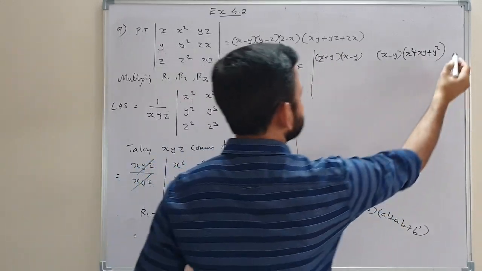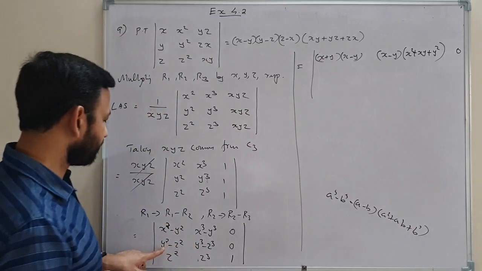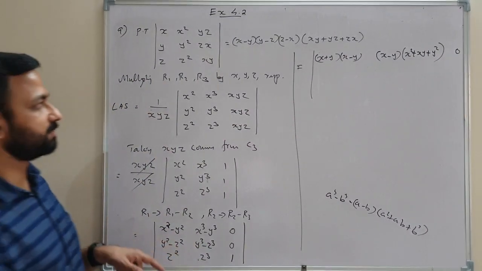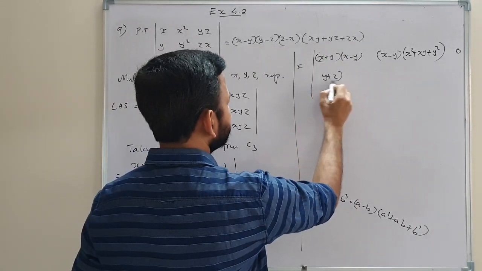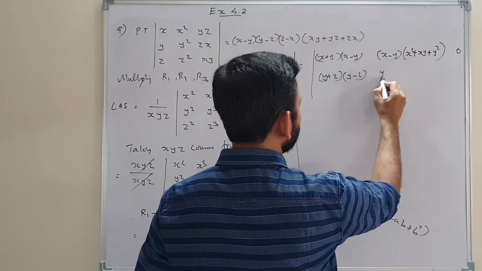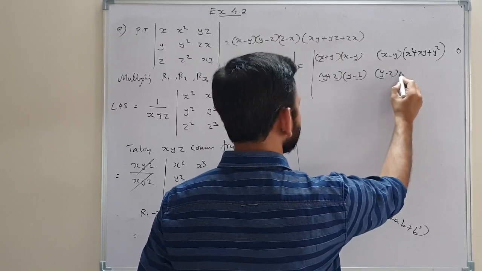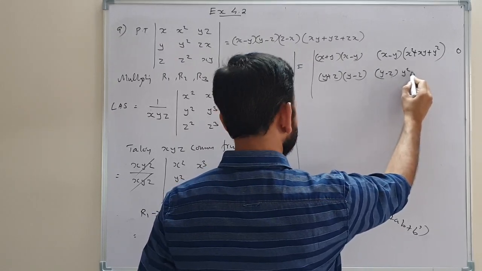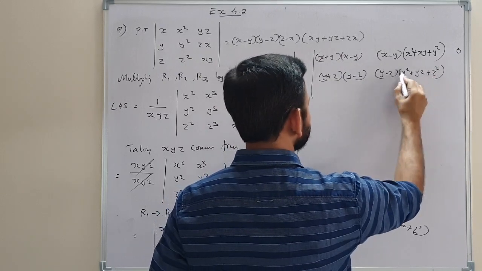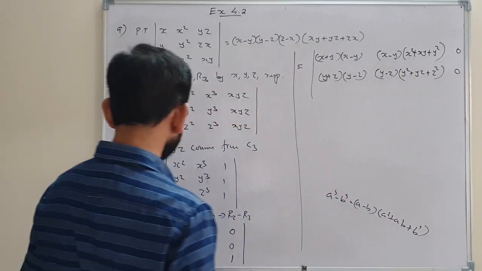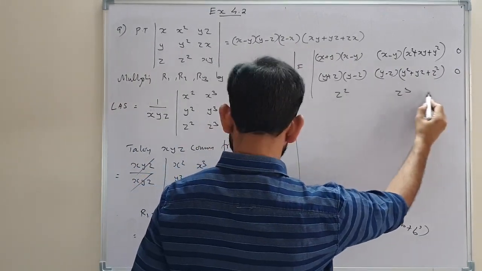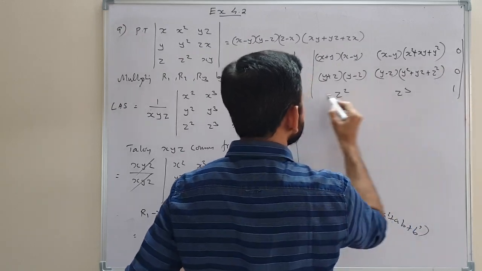Then the last element is 0. In the same way, y square minus z square is y plus z into y minus z, then y cube minus z cube is y minus z into y square plus yz plus z square. Then again 0. Then z square, z cube, 1. So that is the determinant.